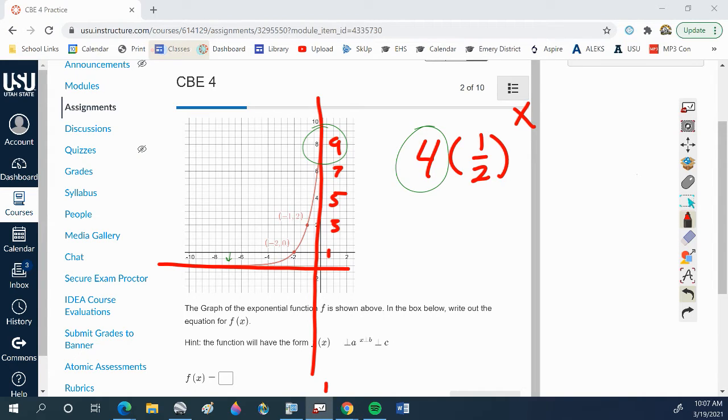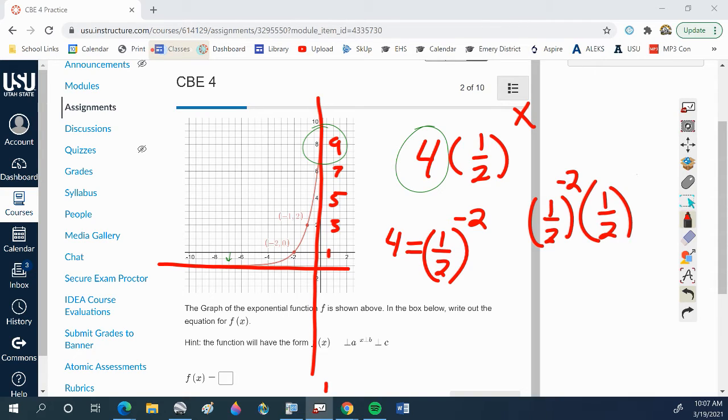Yes, by using negative exponents. So 4 is 1/2 to the negative 2. So if 4 is 1/2 to the negative 2, then I can say I have 1/2 to the negative 2 times 1/2 to the x, which translates into 1/2 to the x minus 2. That makes way more sense.